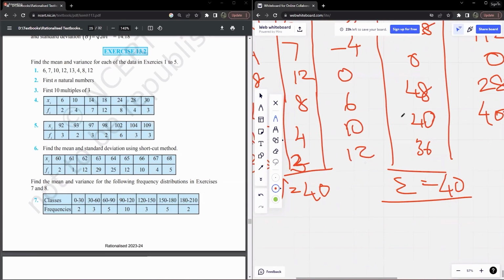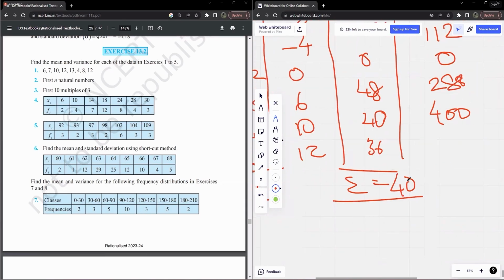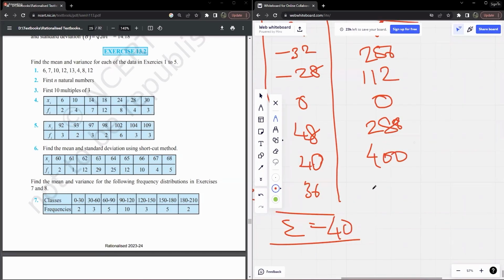That is 288 plus 144. That is going to be 432. Right. Yeah, it's 432. Whose sum is then going to be 1776.